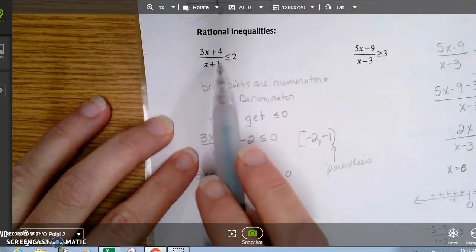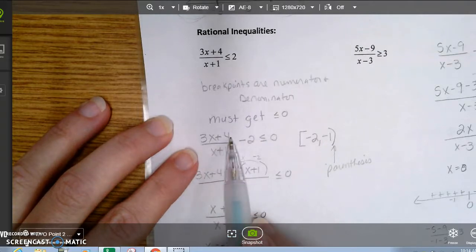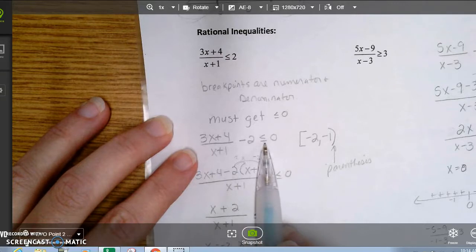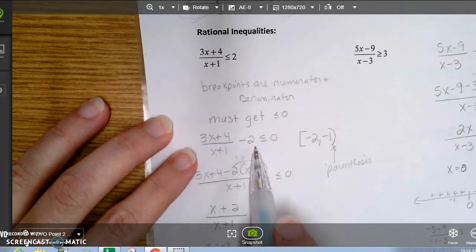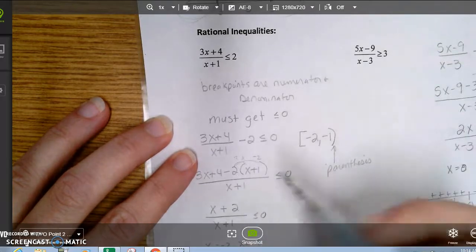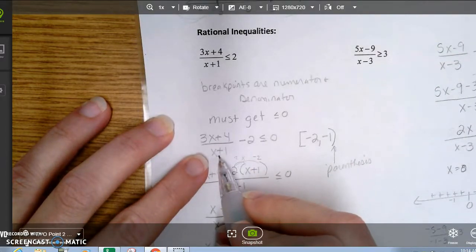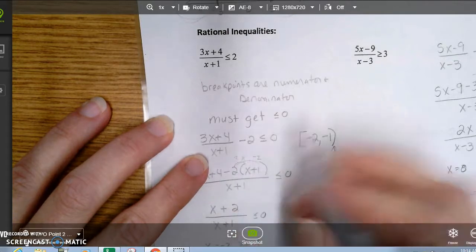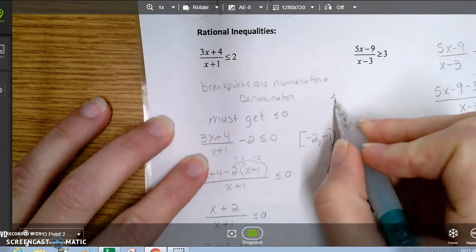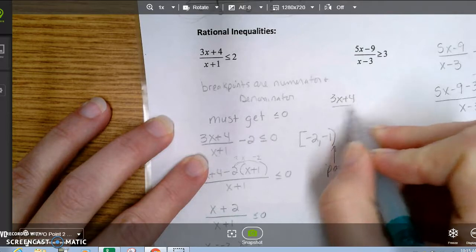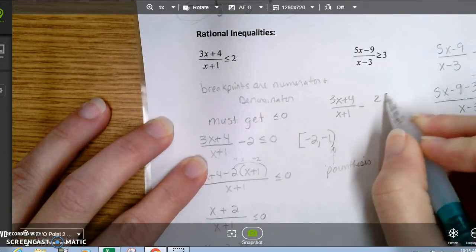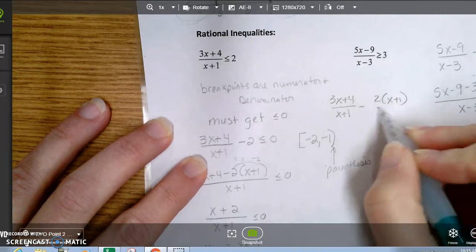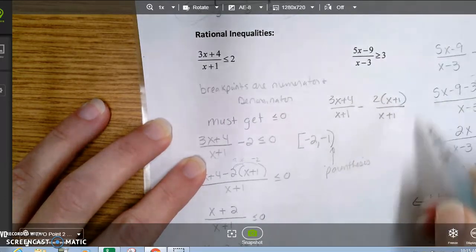When I move that 2 over, I end up with (3x + 4)/(x + 1) - 2 is less than 0. So I have to have a common denominator. So to get a common denominator, I'm going to take whatever the denominator is here and put it with the 2. So I'm going to get (3x + 4)/(x + 1) - 2(x + 1)/(x + 1).